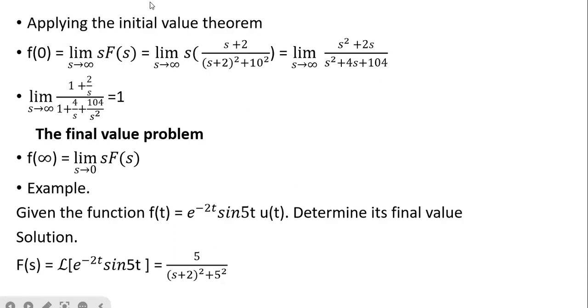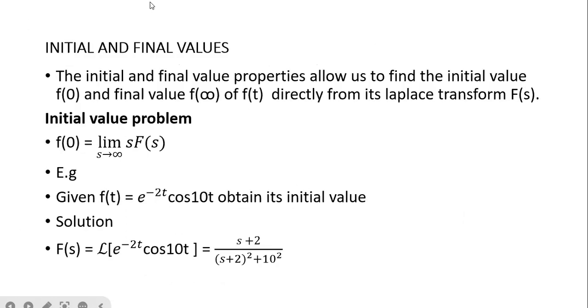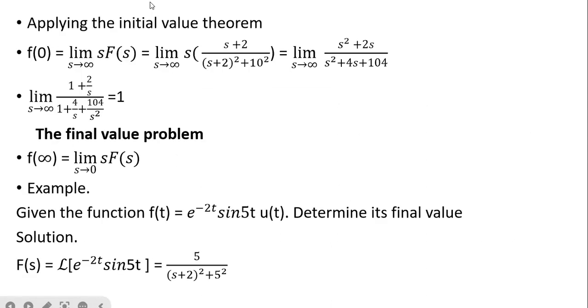So this becomes 0, this becomes 0, this becomes 0. You're going to have 1 over 1, and then you're going to have 1. Which is to say that the initial value for this function is actually 1. That is to say, it starts only from 1.